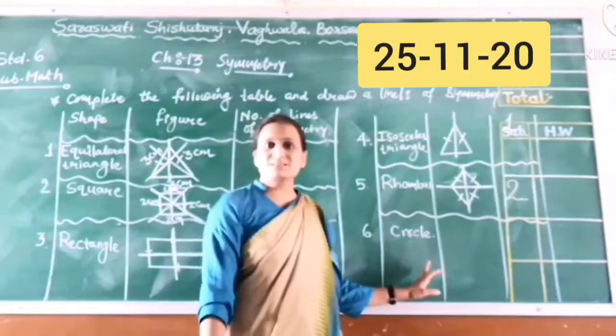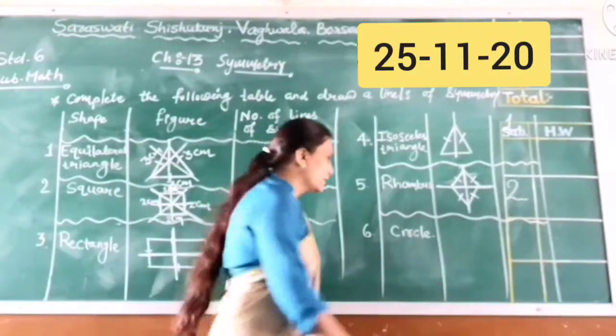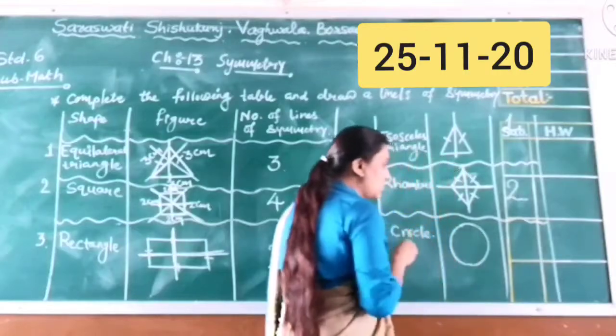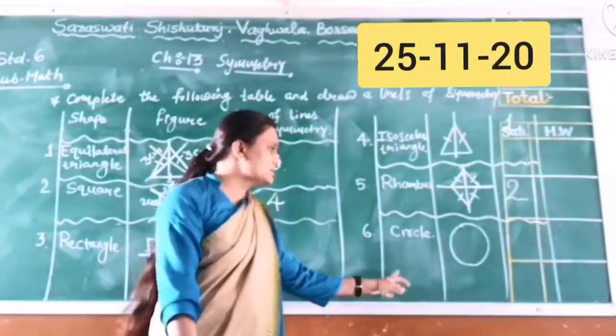Now the sixth one is the circle. Suppose we are drawing a circle here. How many lines of symmetry can we draw in a circle?